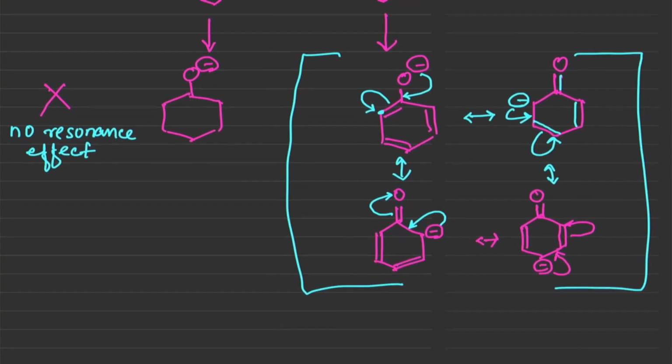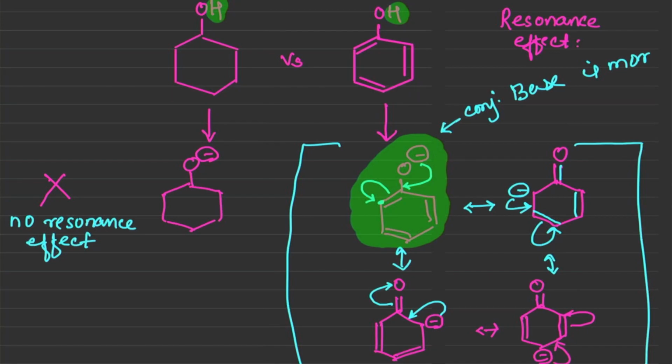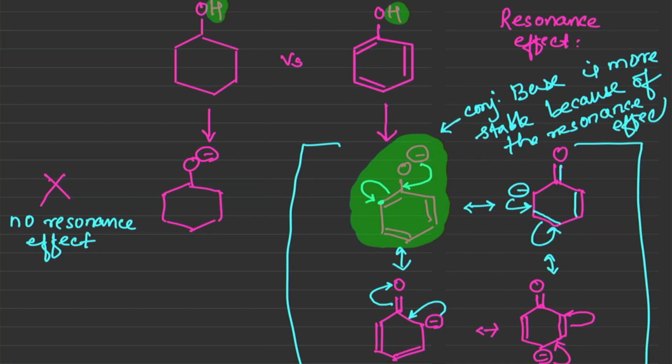So this is our conjugate base, right? This conjugate base is more stable because of the resonance effect, because we could draw all these resonance contributing structures.